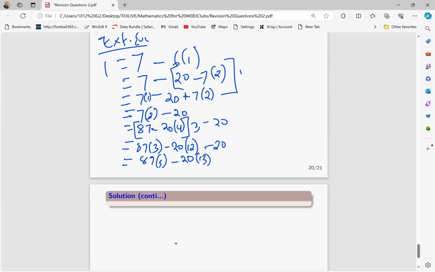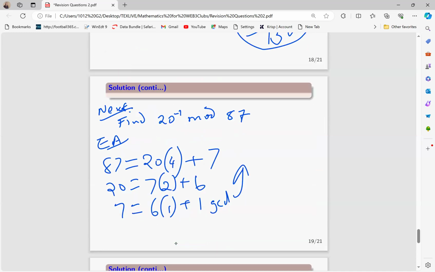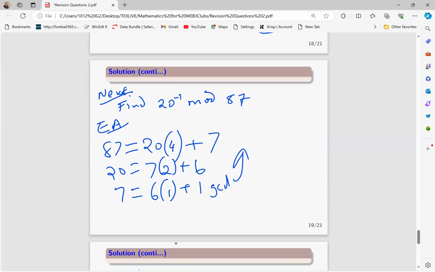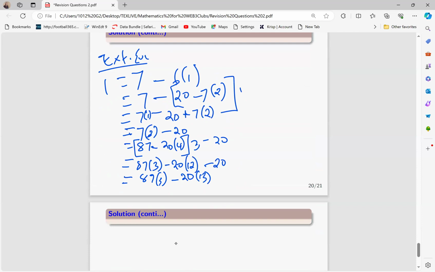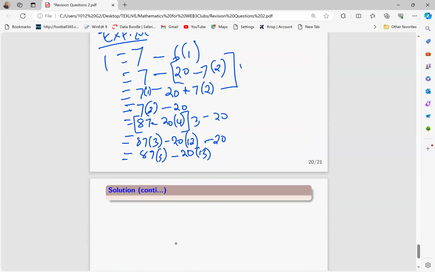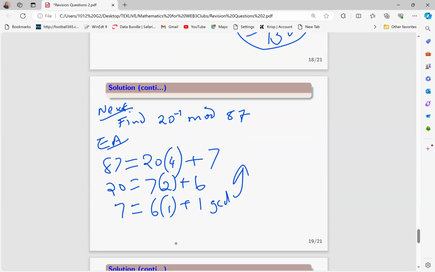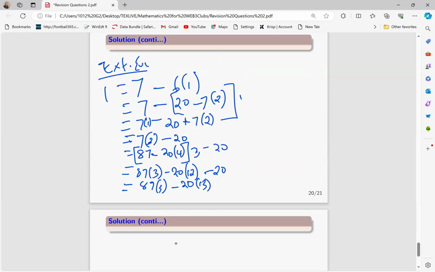All right. So let's look at our equation. Let's look at our number. So it's 20 and 87. We have that here. So what number multiplied by 20 gives you 1, right? So would it then be 13?